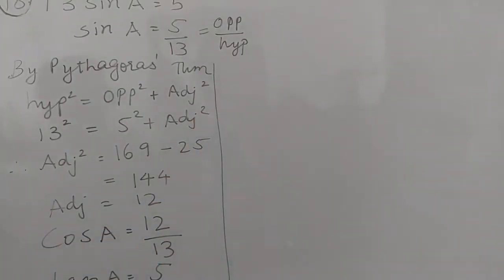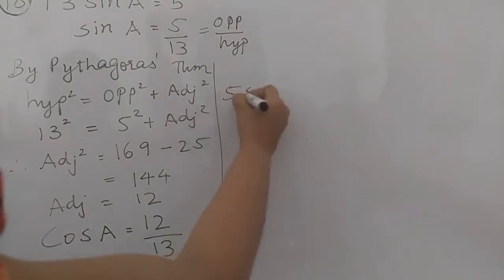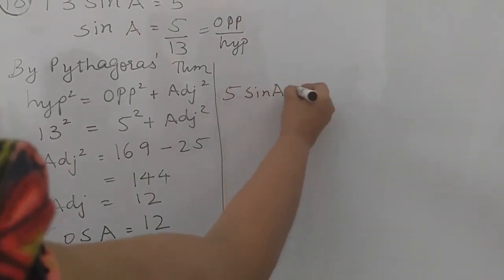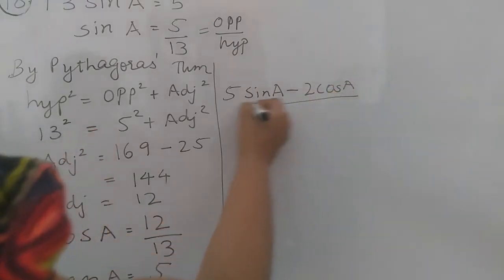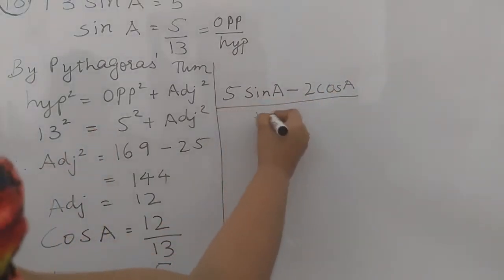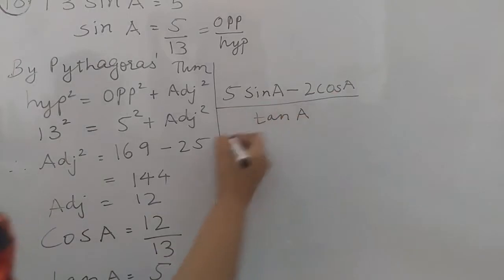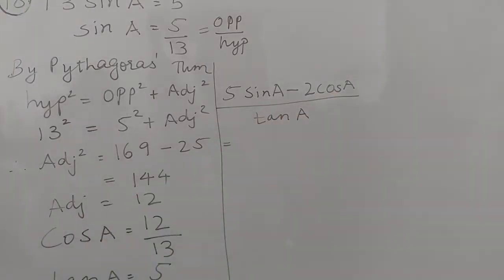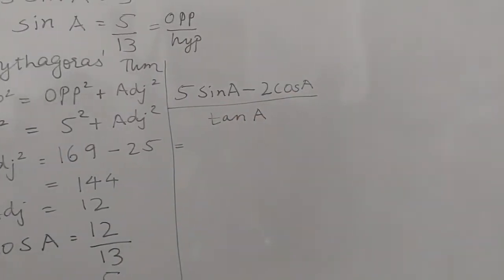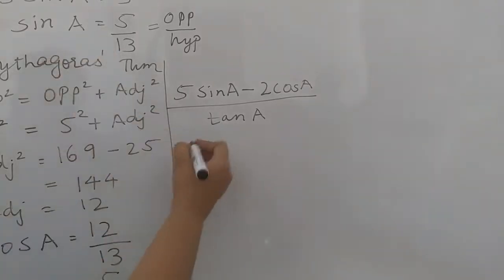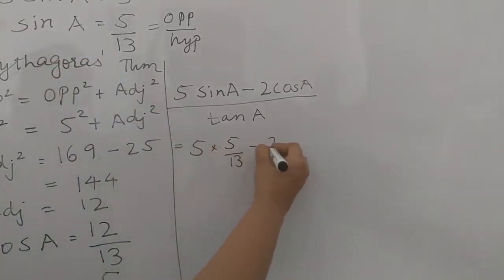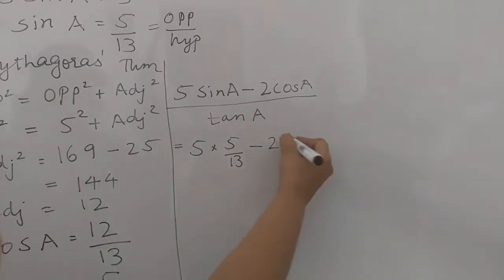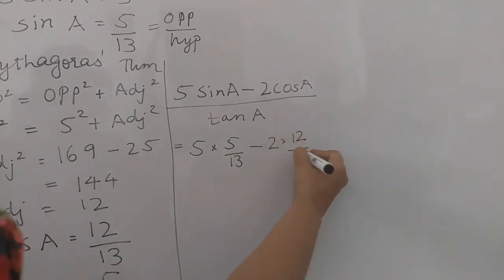So I write here 5 sine A minus 2 cos A in division tan A. So here 5 into sine A. Sine A value already we are given as 5 by 13 minus 2 cos A value is 12 by 13.